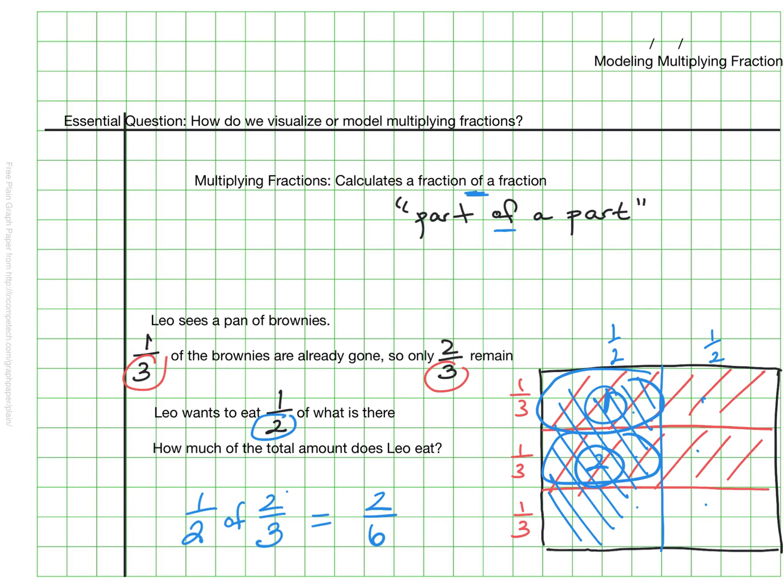Or to look at this as a multiplication problem, 1/2 times 2/3 equals 2/6. And I know some of you are thinking, oh, 2/6, that's the same as 1/3. That's true as well, right? So we could write that also as the simplified version, 1/3. So Leo is eating 1/3 of the entire pan of brownies.